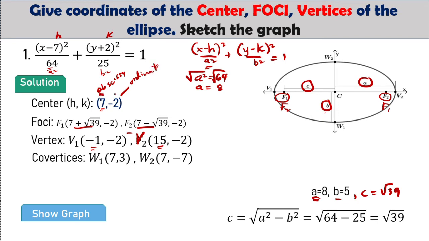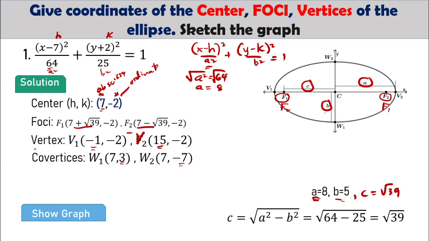This is the X and the Y. The co-vertices are on the y-axis, so we add and subtract on the ordinate of the center. B is 5, so negative 2 plus 5 is 3, and negative 2 plus negative 5 is negative 7. So these are the center, the focus, the vertex, and the co-vertices.